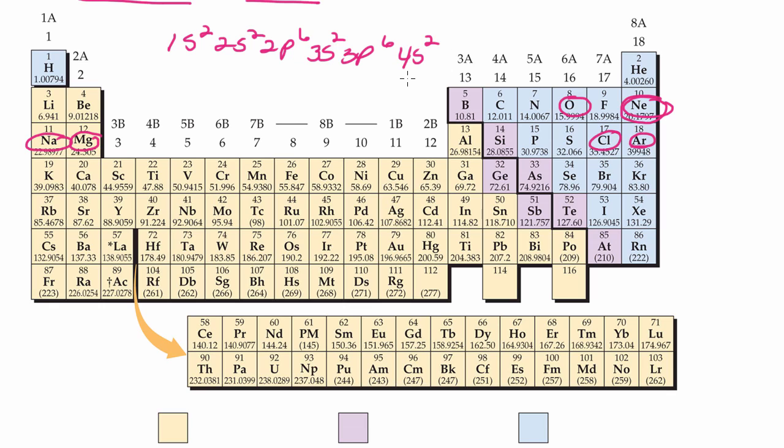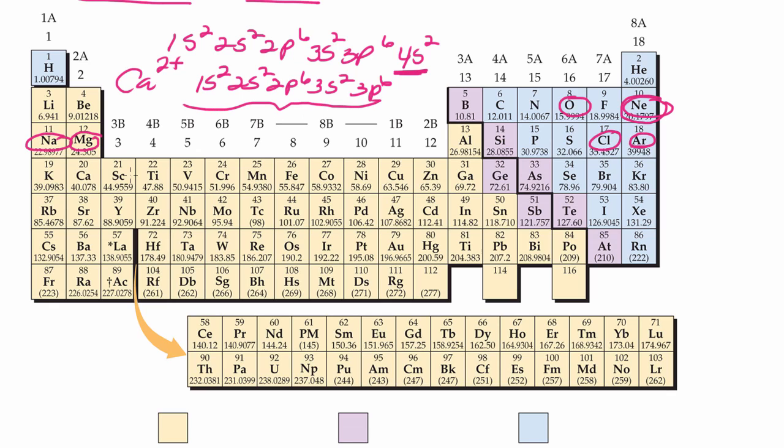Now, when calcium loses 2 electrons, it'll lose them from the 4s subshell. Then calcium ion will have the following electron configuration: 3s2, 3p6. And this is the same configuration as argon.